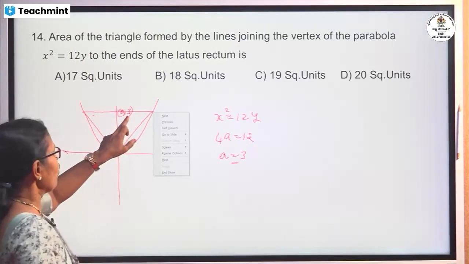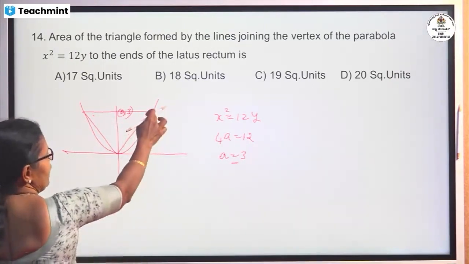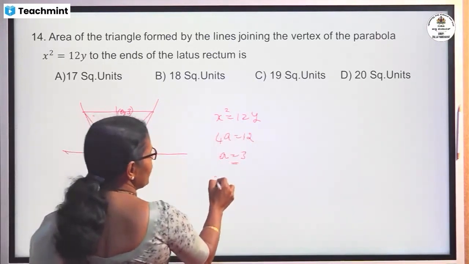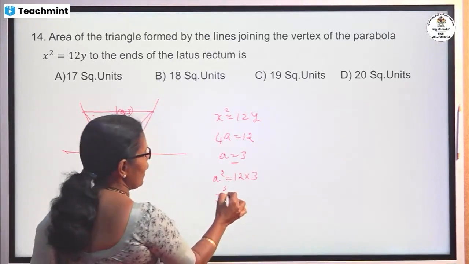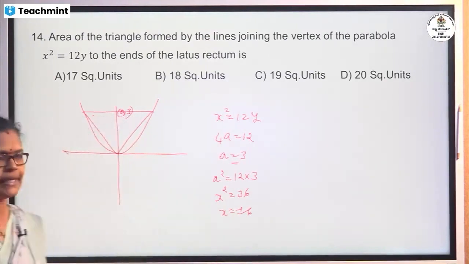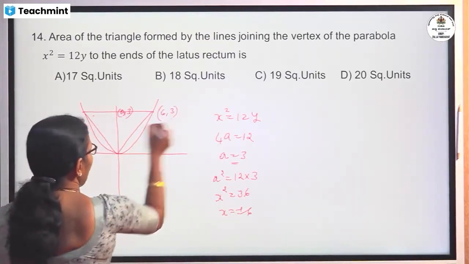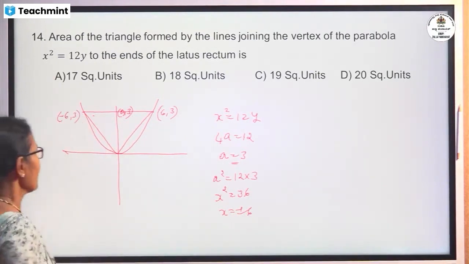We know the value of y here, y is 3, here also 3. What is the value of x? Substitute here, x square is equal to 12 into 3, x square is equal to 36, x is equal to plus or minus 6. So here 6, 3 and here minus 6, 3.